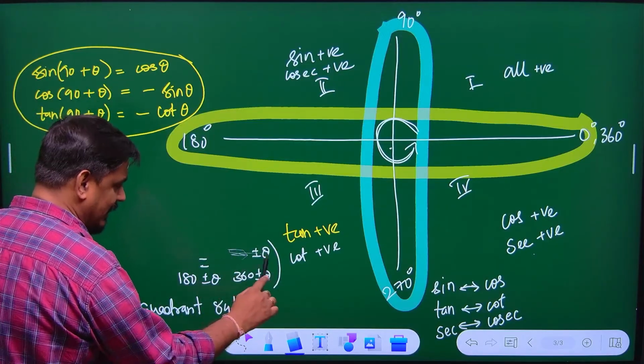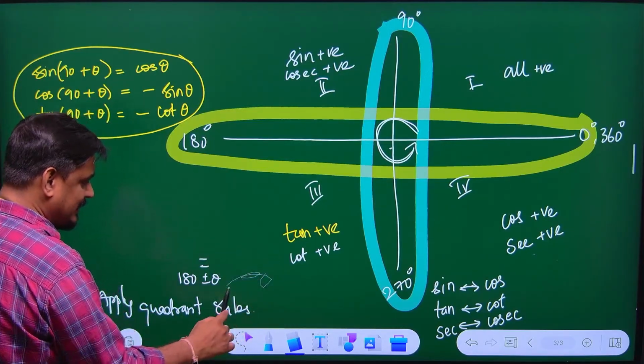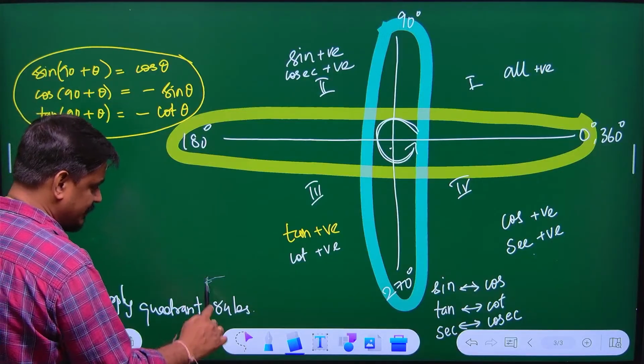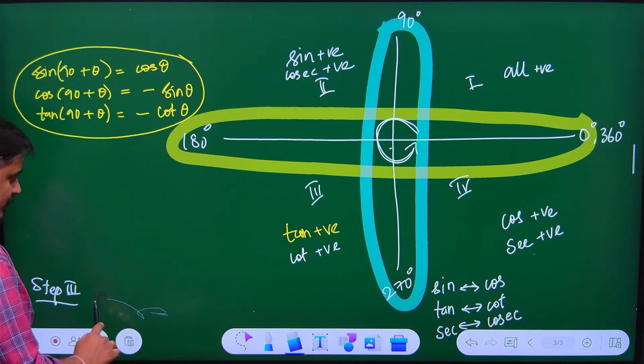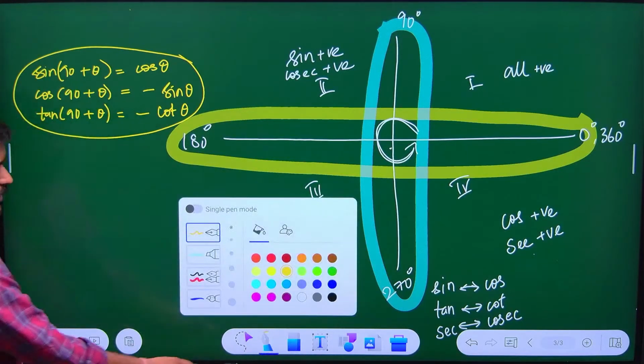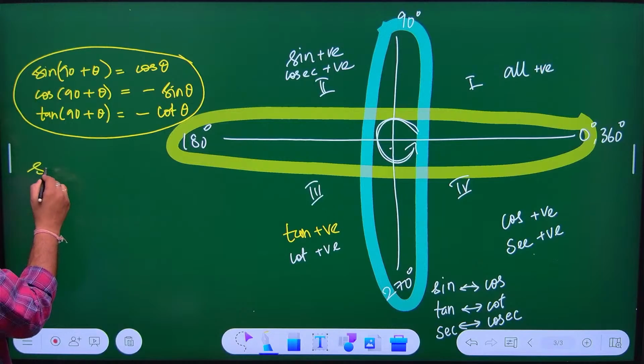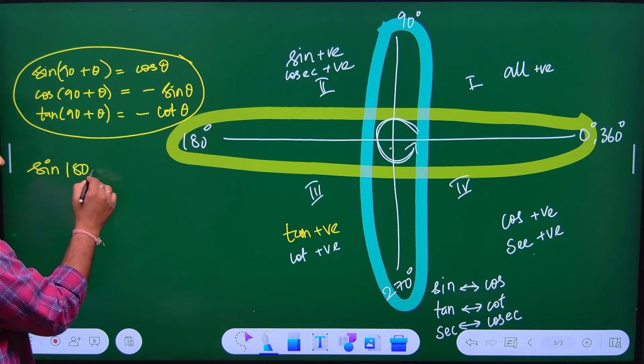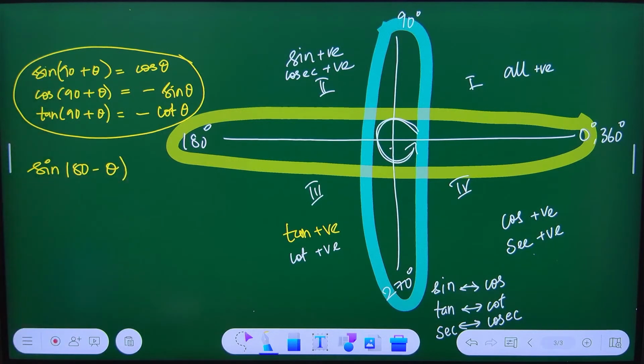I'll take one example now. Let me erase this side. Preetham, question to you. Unmute yourself. The question is, what is sine 180 minus theta? Which quadrant? Tell me first. 0 to 180, sir.